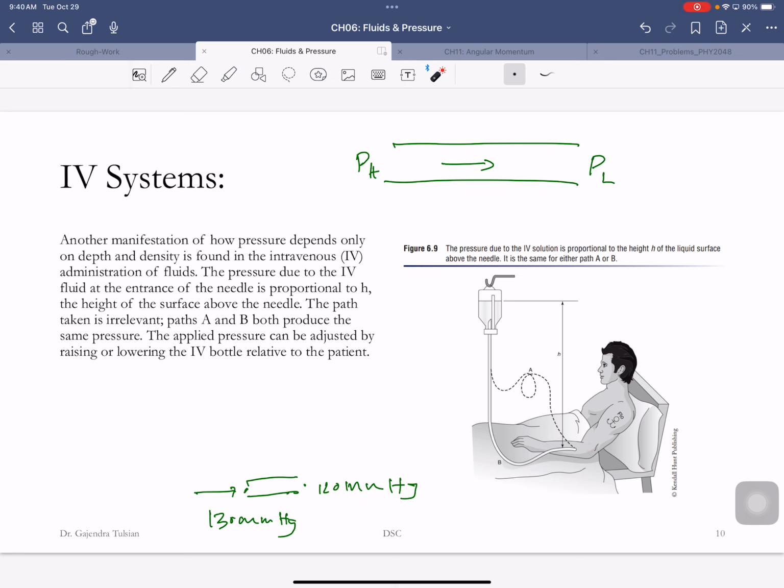So if you want this IV fluid to flow into the veins, this pressure has to be higher than the 120 millimeters. If the IV bag is too low, this pressure won't be higher than that, and the IV fluid won't flow into the bloodstream. If that happens, all you have to do is raise this bag, make sure that the pressure here is higher than that, and then the fluid will flow in.